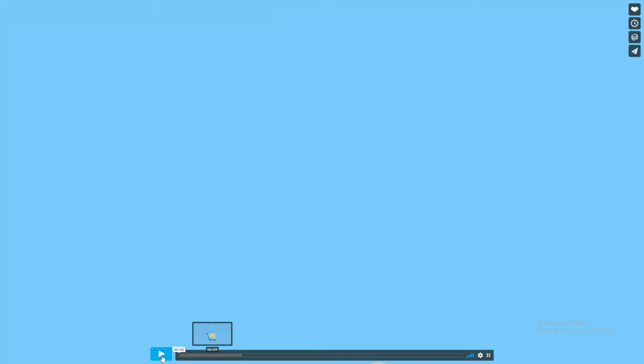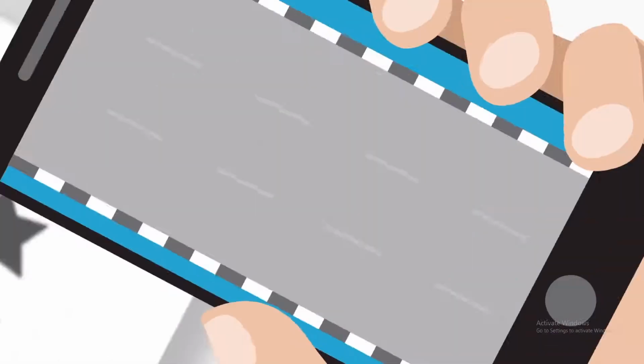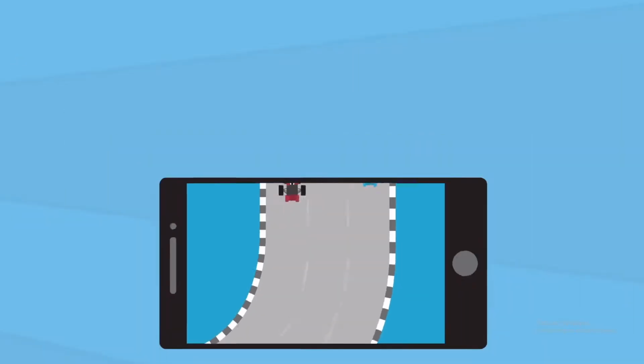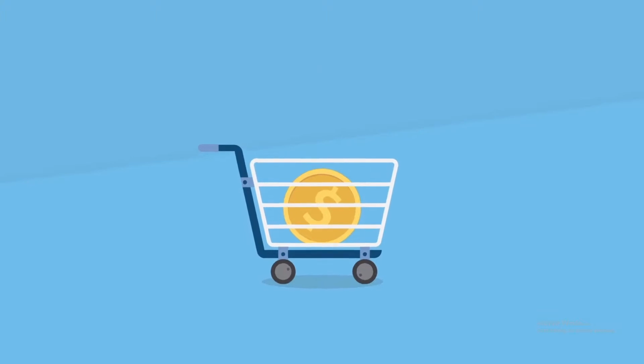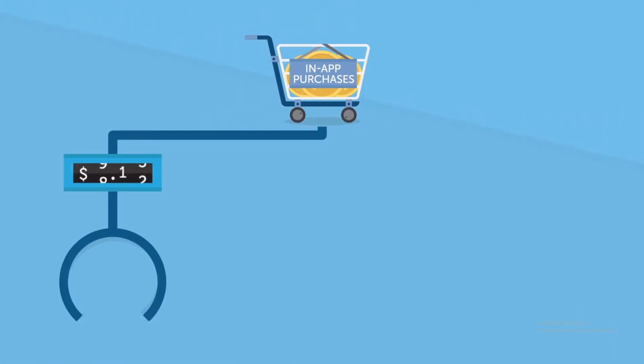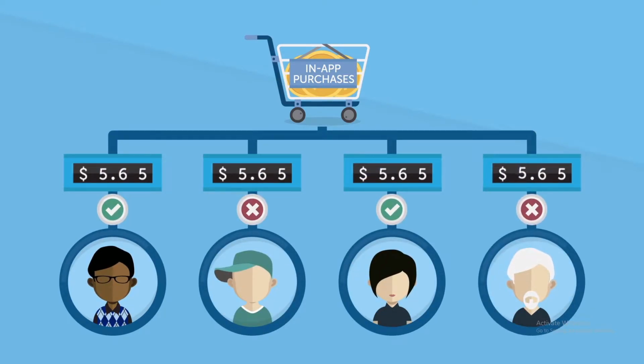Alright, here we go. Scientific Revenue. Mobile games are a massive business, but competition is fierce, and the cost to acquire new players keeps going up. To have any chance of turning players into payers, game developers need to get their in-app purchases right. But different people respond to different prices at different times. So why offer the same prices to everyone all the time?